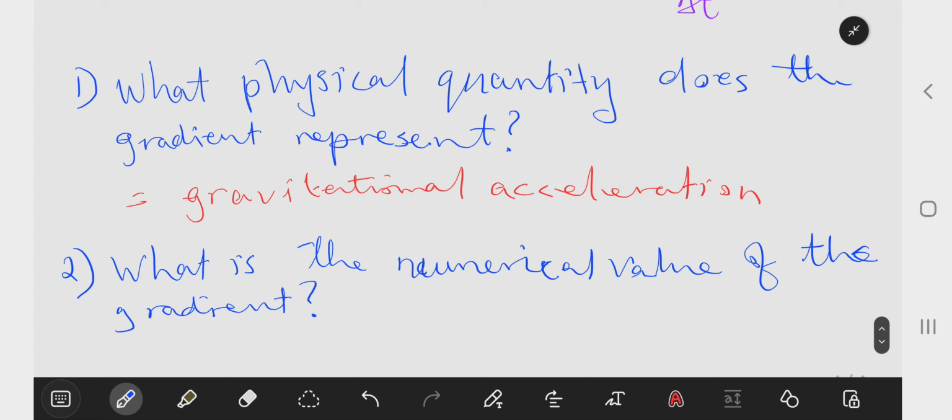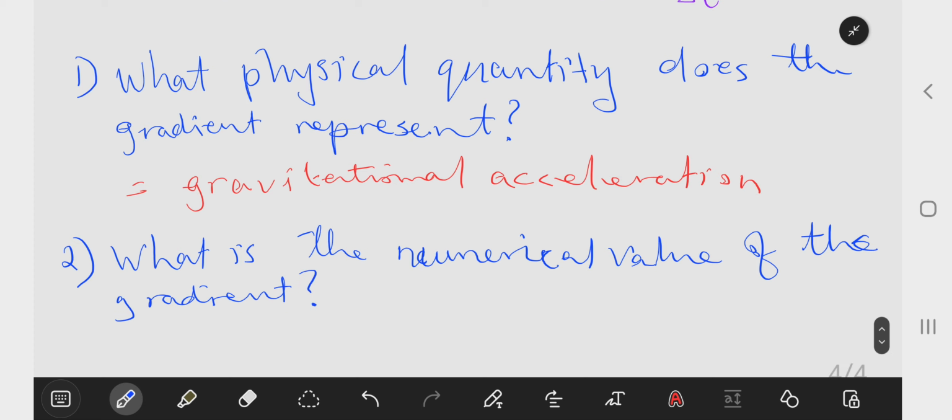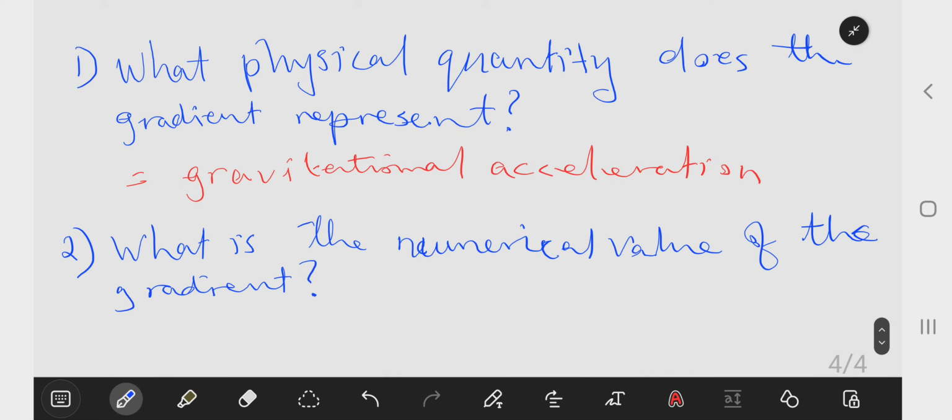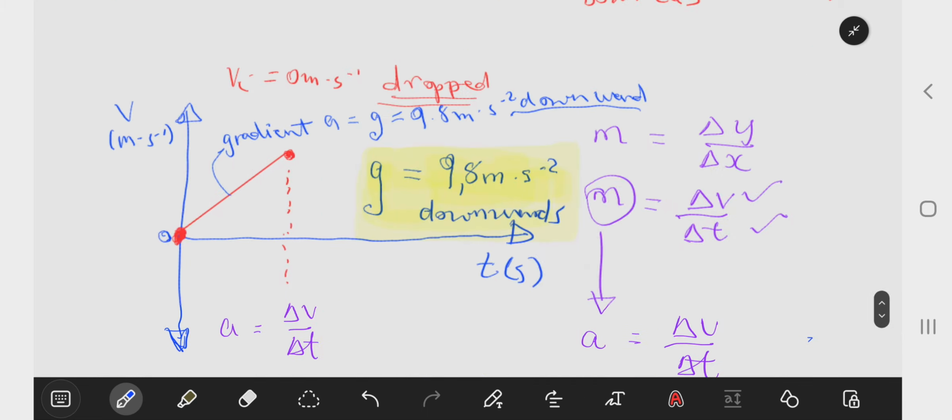Okay, so we can see that question number 1, what is the physical quantity? That is the gravitational acceleration. But what is the numerical value of that gradient, or of that gravitational acceleration, right?